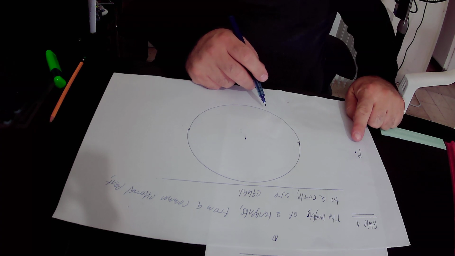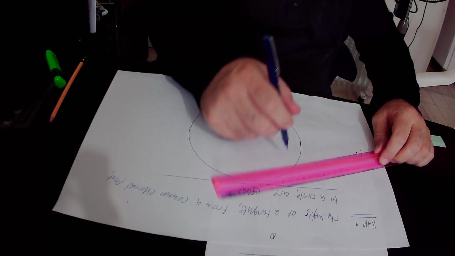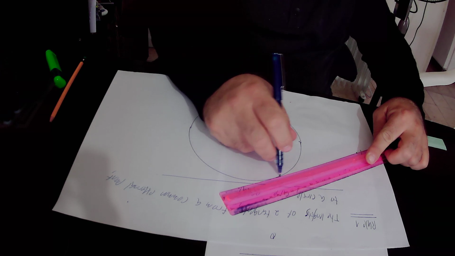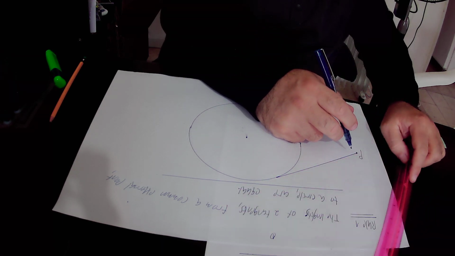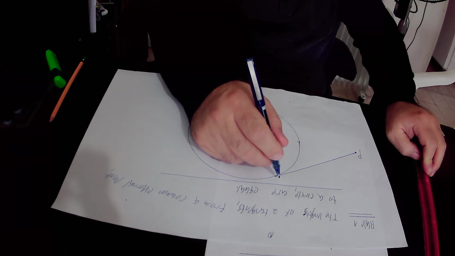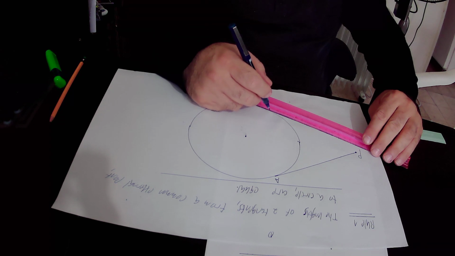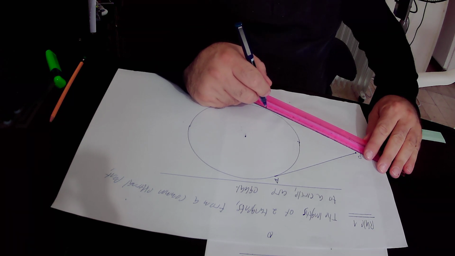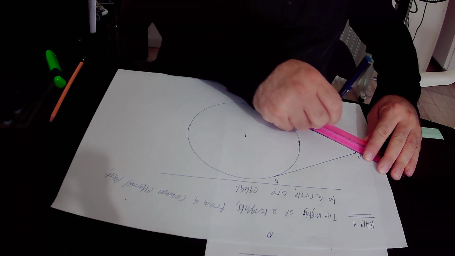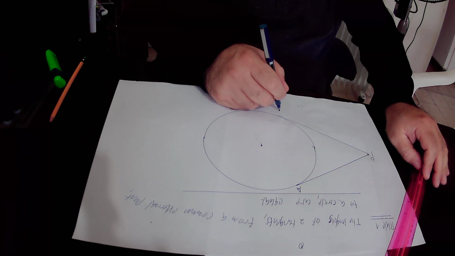So if from point P we draw two tangents to this circle, we define the point of tangency of the first tangent with this circle as point A, and we also have a second tangent to this circle. We define the point of tangency of the second tangent with this circle as point B.